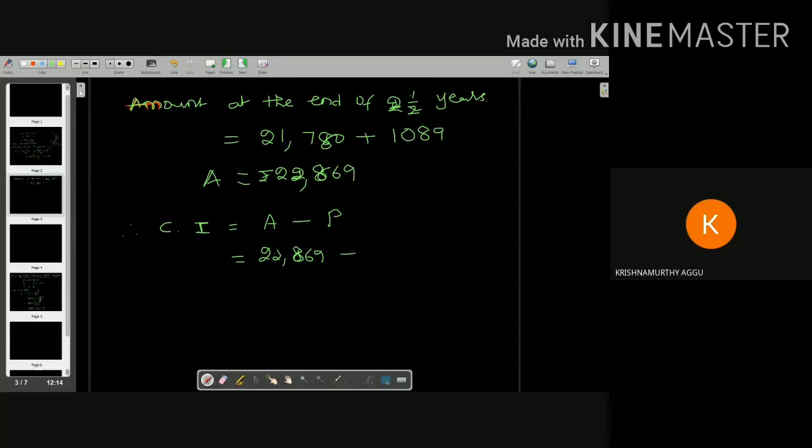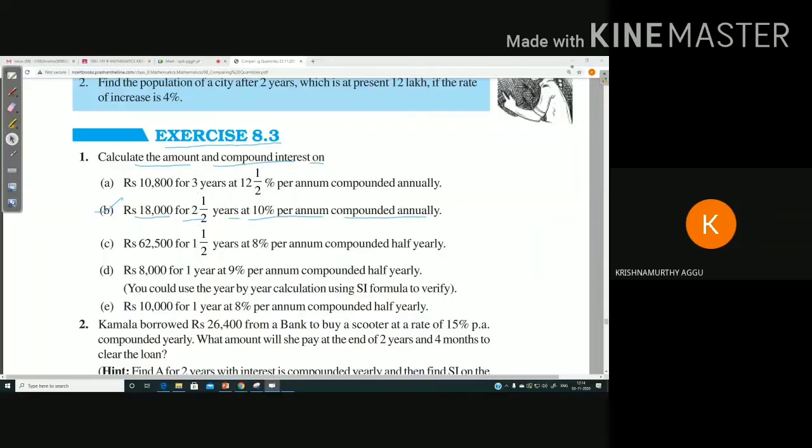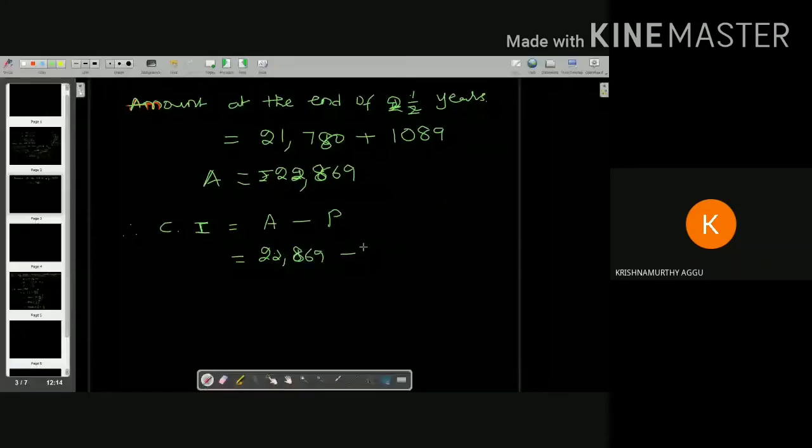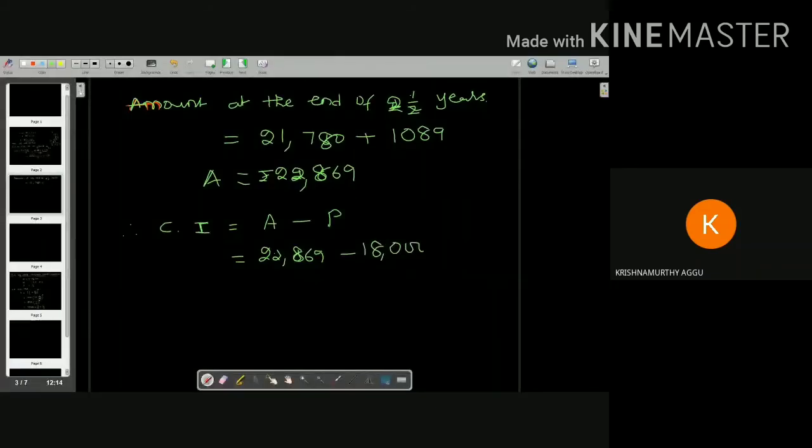Starting amount is 18,000. When you are subtracting this 18,000 from 22,869, we are going to get 4,869 as the compound interest. This is the solution of our 1B question.